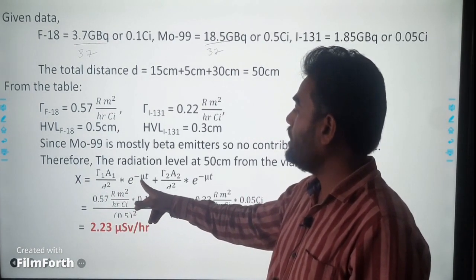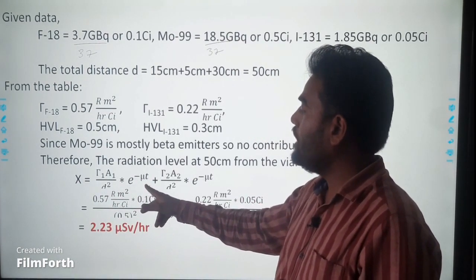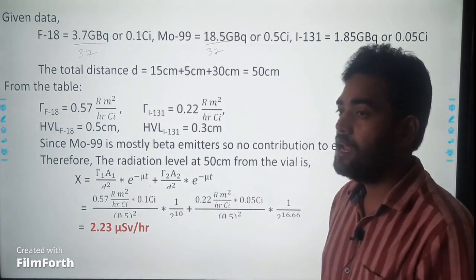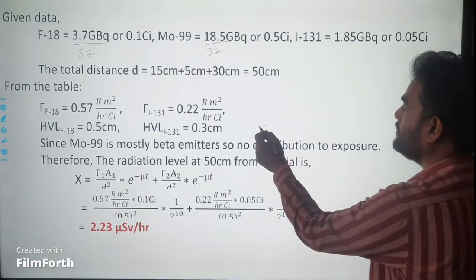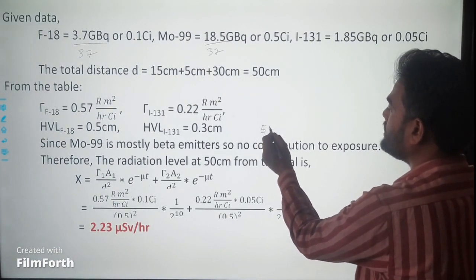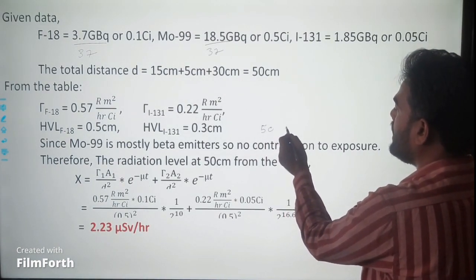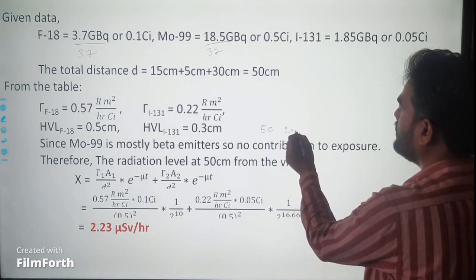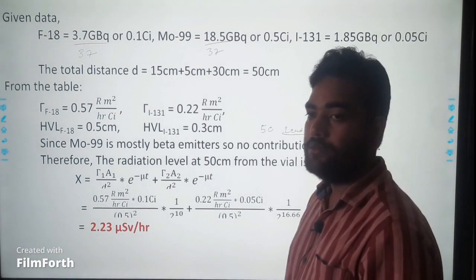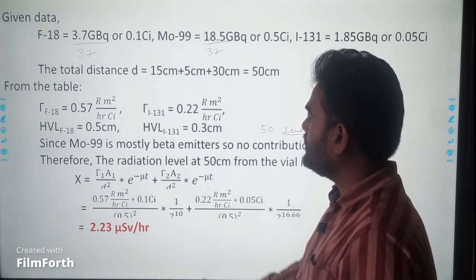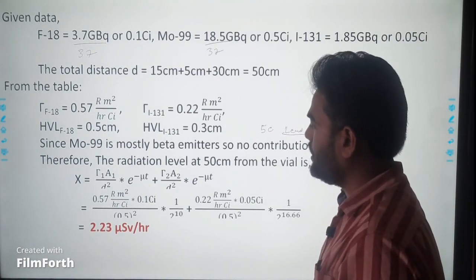Similarly, e raised to the power minus mu t is used as a reduction factor because of this 5 centimeter lead brick. The intensity of the photons will reduce, so the reduction factor will be utilized here.